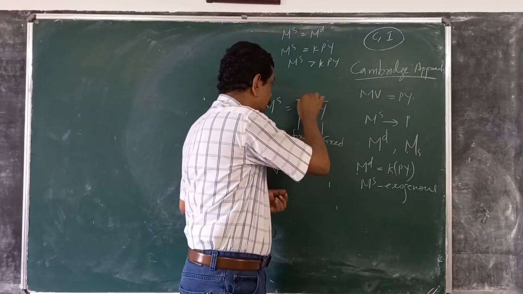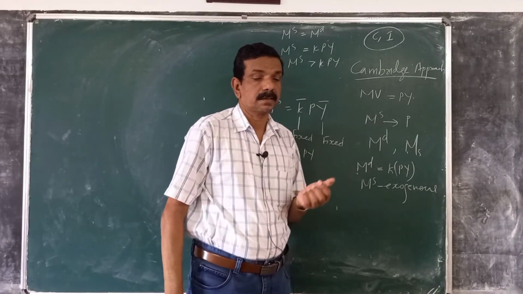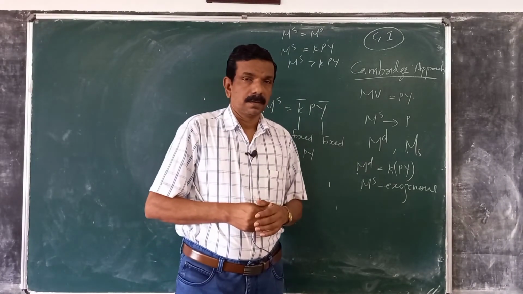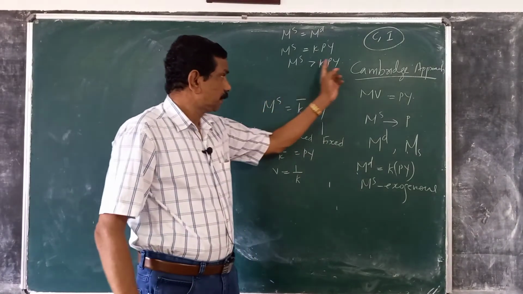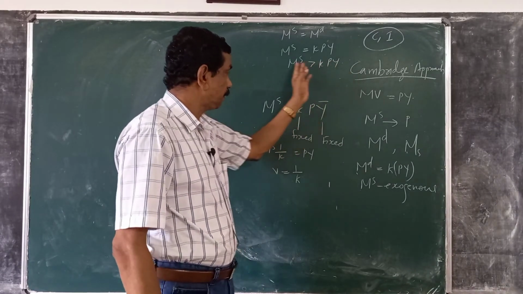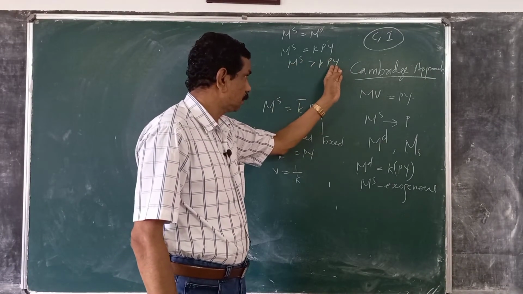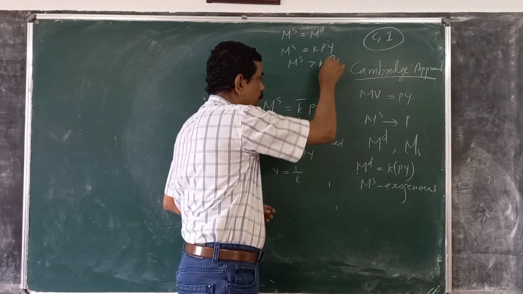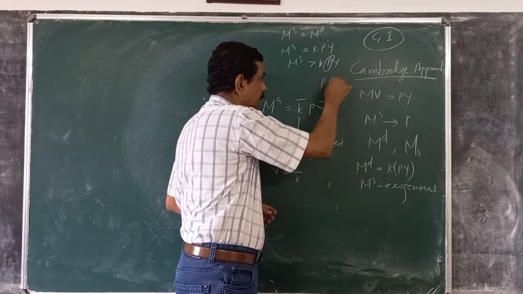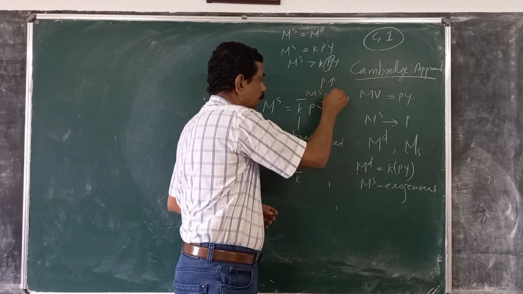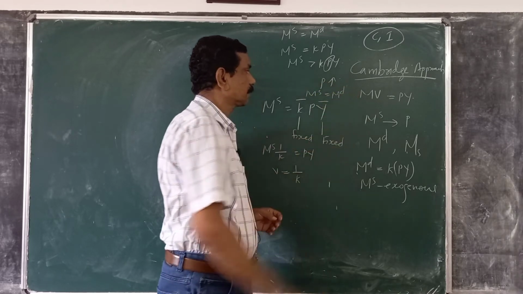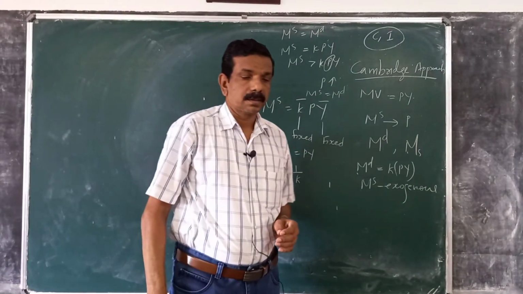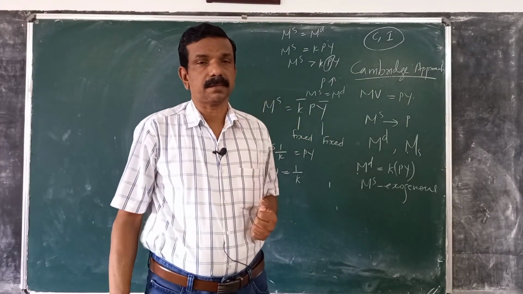K is fixed due to institutional factors. So, equilibrium can be established only if money supply is equal to money demand. So, the only variable that can change is P. So, P will increase until MS is again equal to MD. So, this is the transmission mechanism.